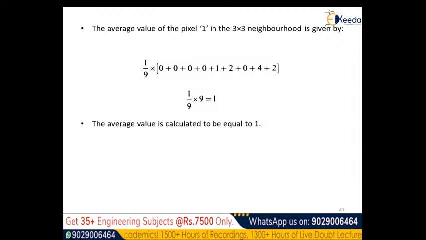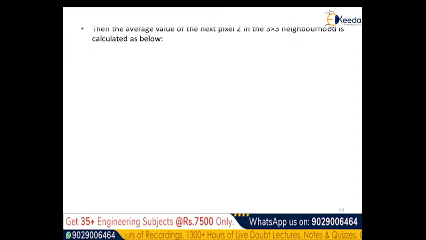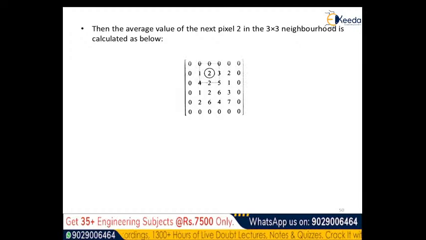Now we go on shifting it. While shifting it to the right hand side, we get this illustration. Now the center of the filter mask coincides with the pixel value represented by 2.